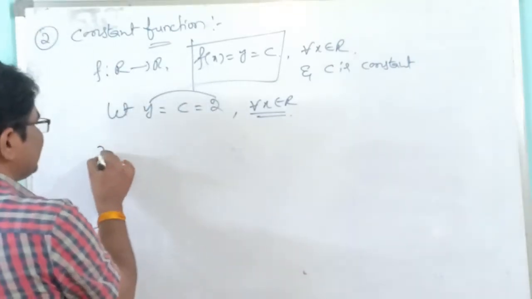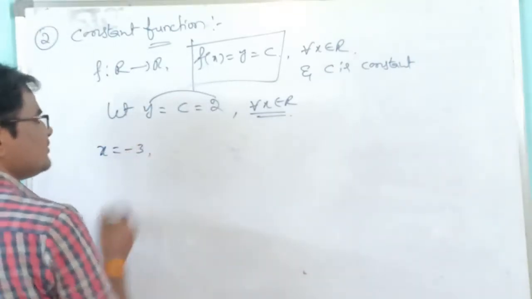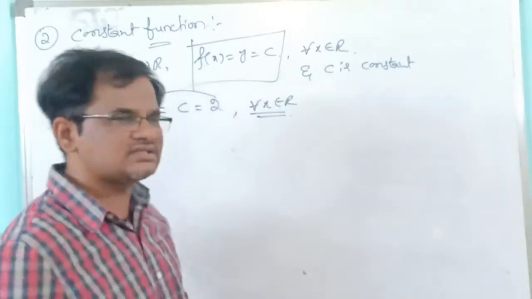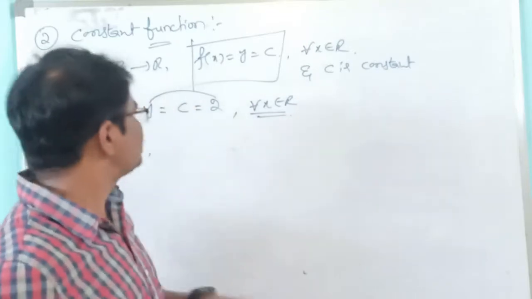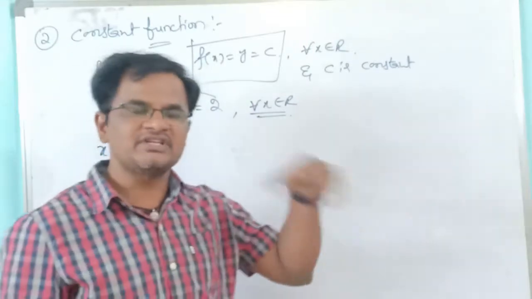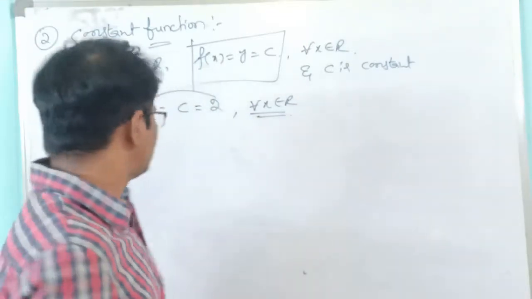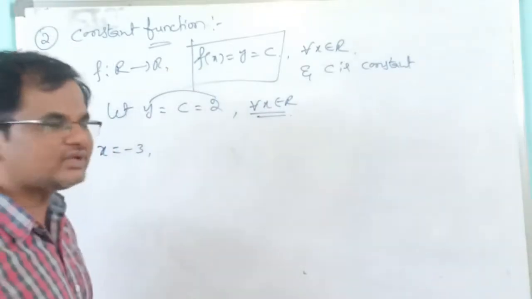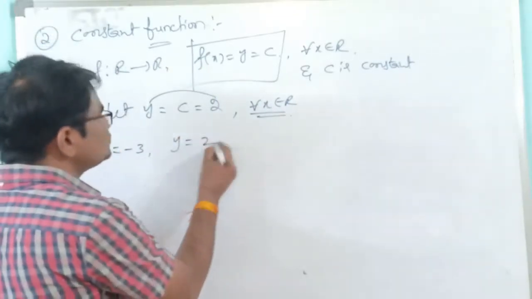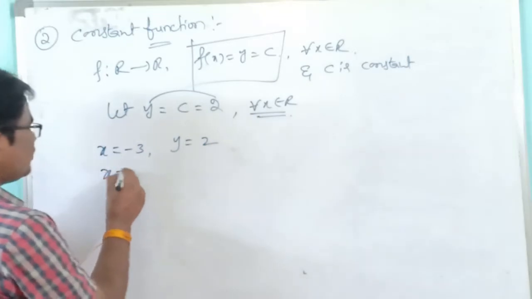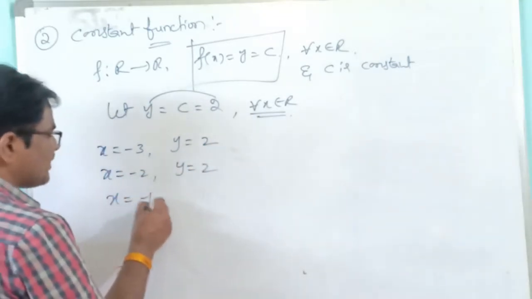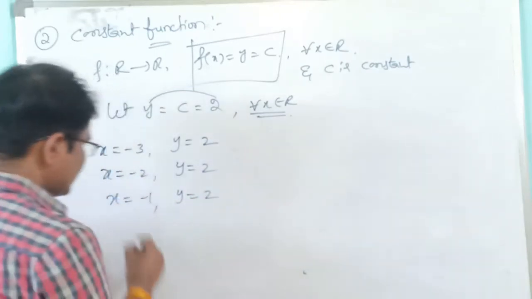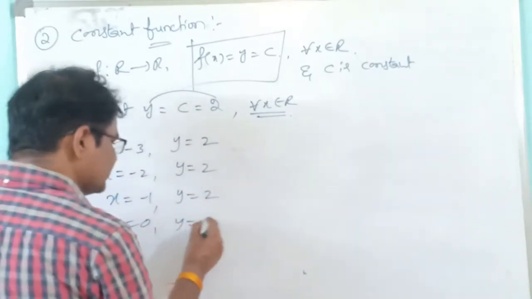Means here, suppose you take x equal to minus 3, and for all the real numbers, you have to take x from here. For all the real numbers, the y value is 2 only, means fixed, constant. If you take x equal to minus 3, y equal to 2 only. x equal to minus 2, y is 2 only. x equal to minus 1, y is 2. x equal to 0, y is 2 only.